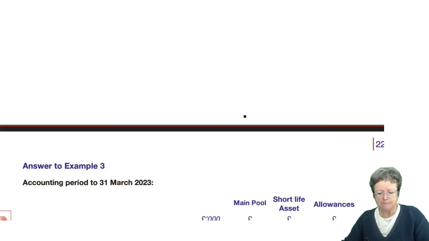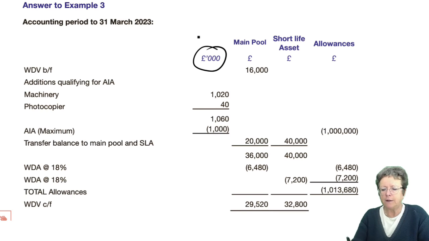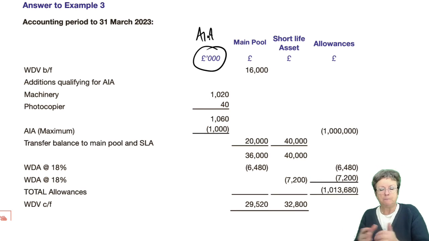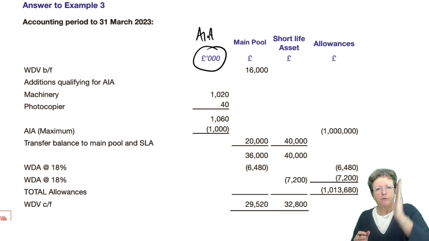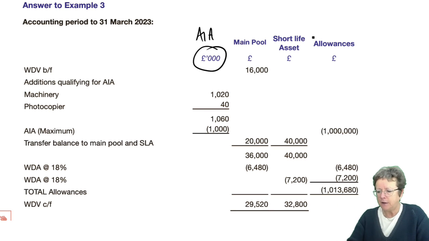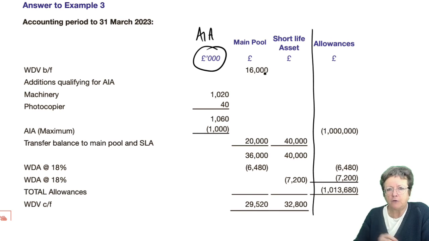Example number 3. So we have, and for this purpose only, we've done that in the AIA column. Only for this purpose because of the size of the number. All right, you wouldn't normally do that. So again, pro forma down the side, labels and headings across the top, work out how many you need. This is your total column. Add in all the additions after you've put in the balance brought forward.